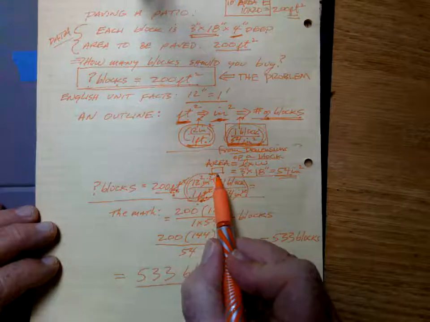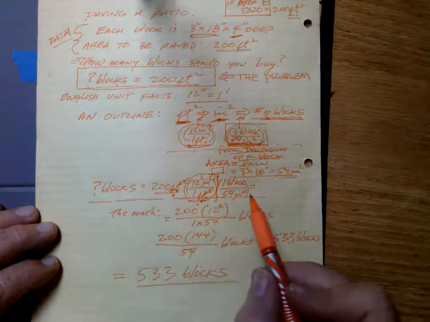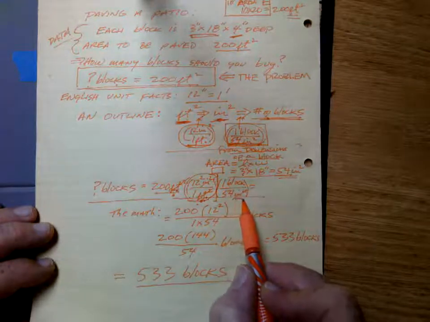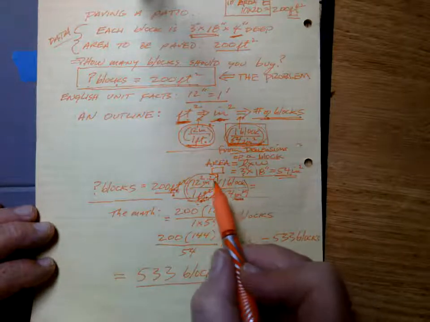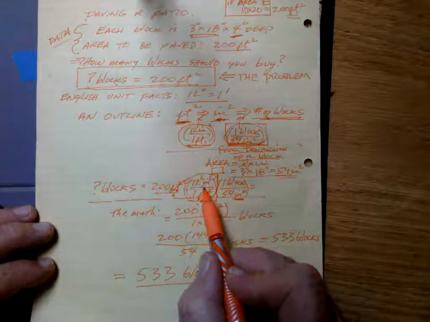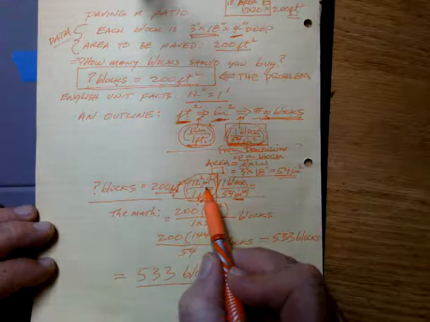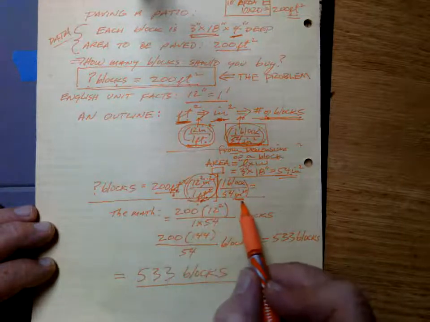Now, if I look at the problem right here, I am in square inches. So the next conversion factor has to be arranged so that the square inches are on the bottom so that it would cancel the square inches in the top of the previous fraction. So I do that, and it looks like it's all correctly arranged.